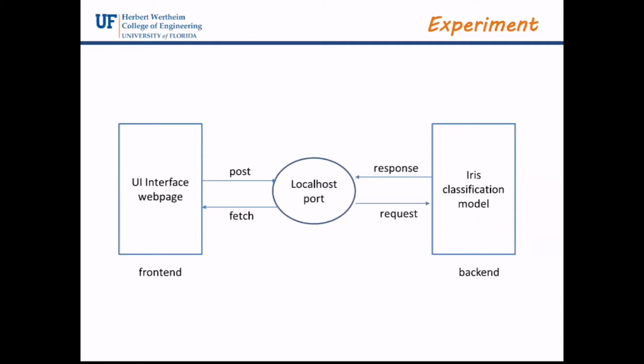At the back end, we'll get the information on the port by request function. And after finishing the prediction and the calculations in the backend, the model will send back the response to the port, and the website will fetch the information from the port.